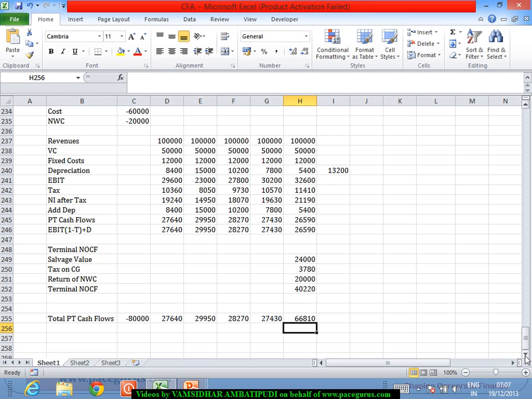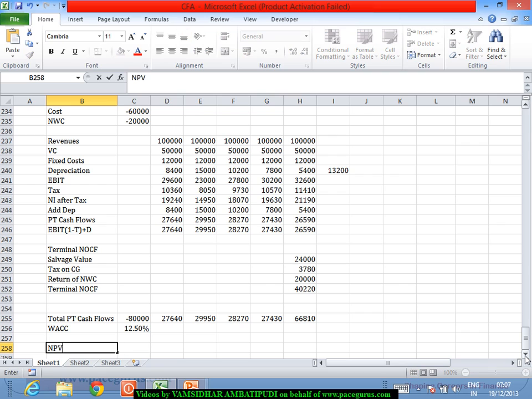And assume the weighted average cost of capital. We have got it as 12.5%. This is purely estimated based on the risk that is involved with the project.